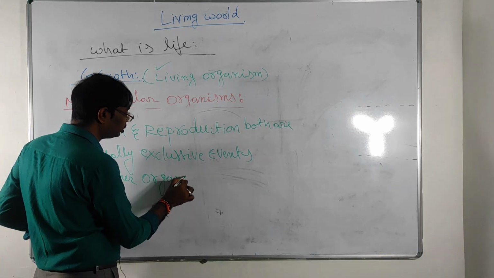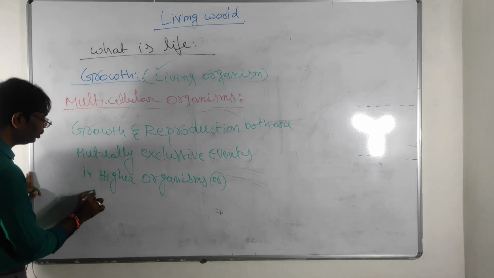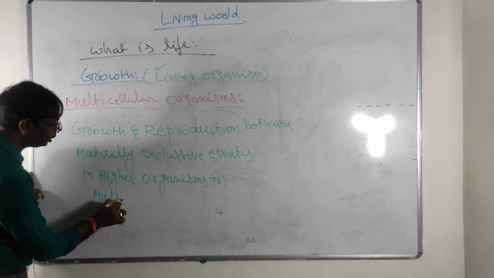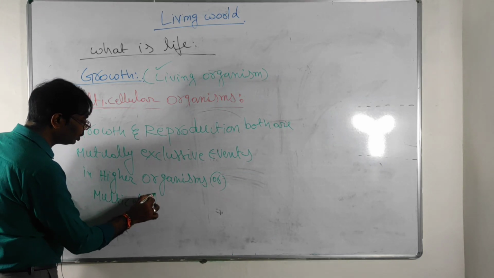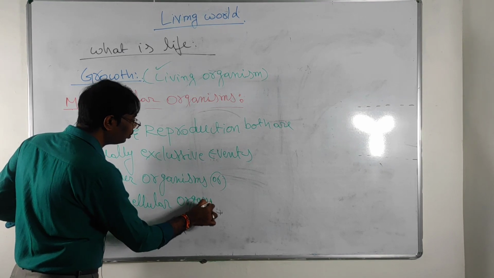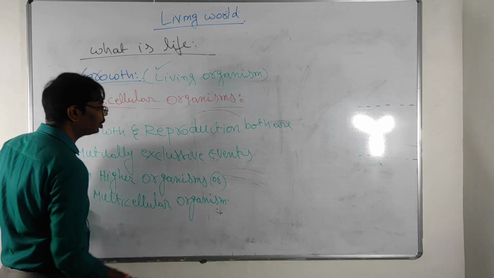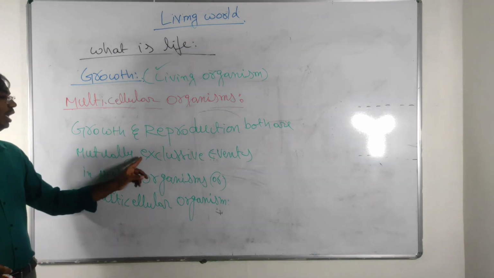This statement is very important. In a multicellular organism, growth is different and reproduction is different. So growth and reproduction both are mutually exclusive.